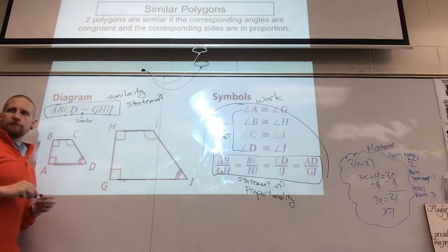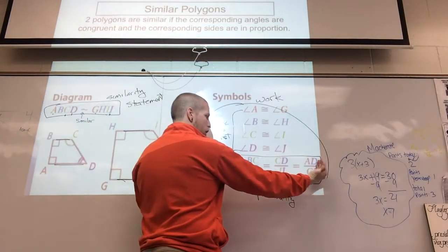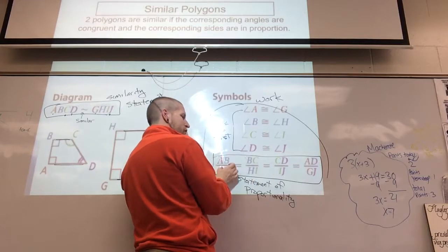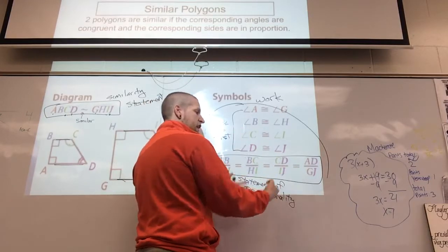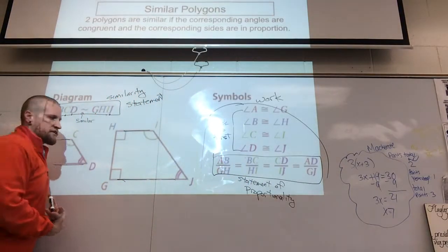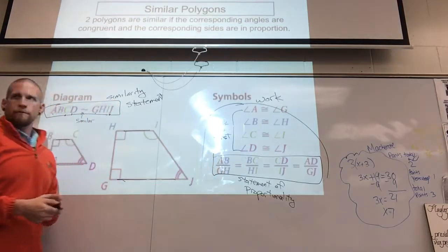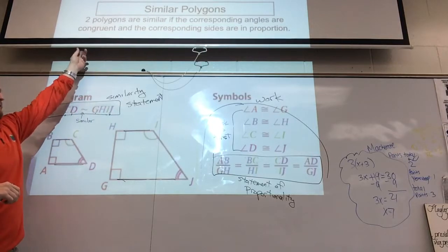If it's ever asked of you to write a statement of proportionality, it means you write a large, extended proportion with the letters of the sides, not the numbers. Plugging in the numbers here would be the work you do to tell if the shapes are similar. So if it says statement of proportionality, you write exactly as it looks over there. That's probably not going to be asked that much.